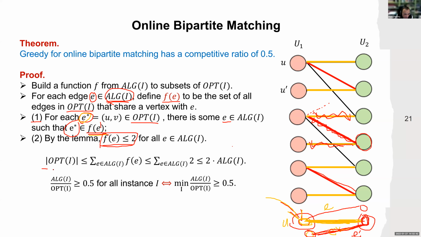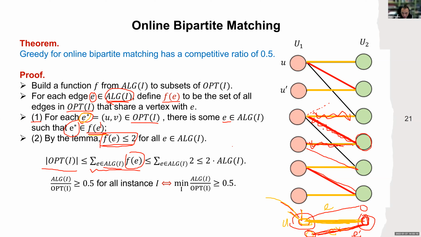And then you see optimal solution is less than or equal to this. So for all the edges in algorithm, you add up the Fe, right? One further thing, these Fe's will not be disjoint. So sometimes some yellow edges may be counted twice. For example, if the red one is here, then this will be counted twice, right?